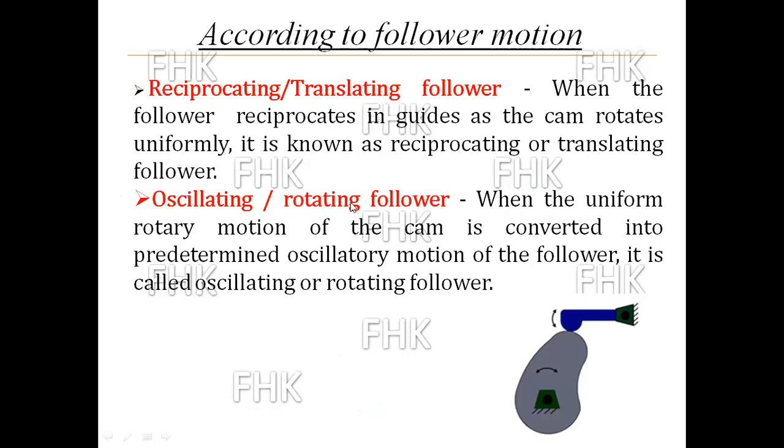And oscillating or rotating follower: when the uniform rotary motion of the cam is converted into predetermined oscillatory motion of the follower, it is called an oscillating or rotating follower. In this type, the follower oscillates in a predetermined path. That path is a complete circle or an arc of curvature.